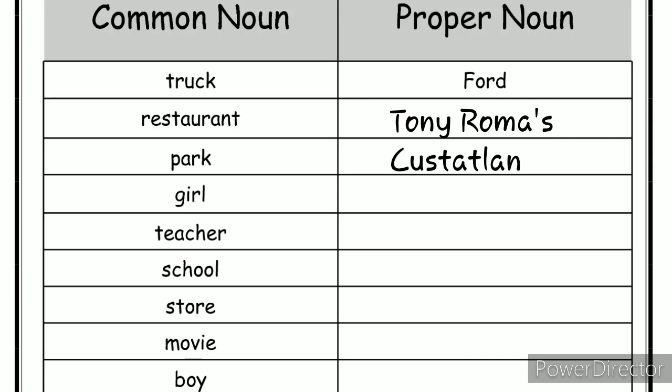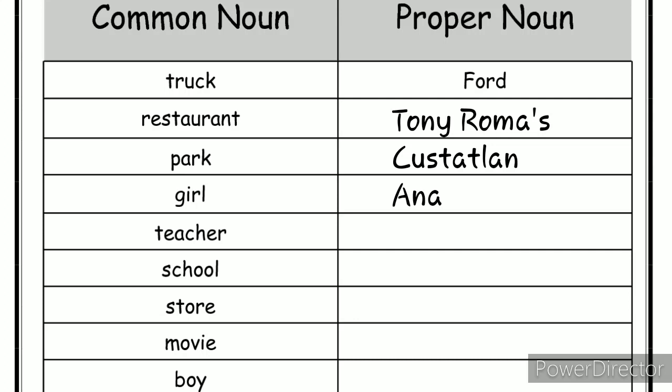Now the next one, we have girl. Now with girl, you could think of any name in the classroom, any name from the school, from your family or relatives or friends. But in this case, let's put a specific person, and the name would be Anna. So Anna is a proper noun, and girl would be common noun.